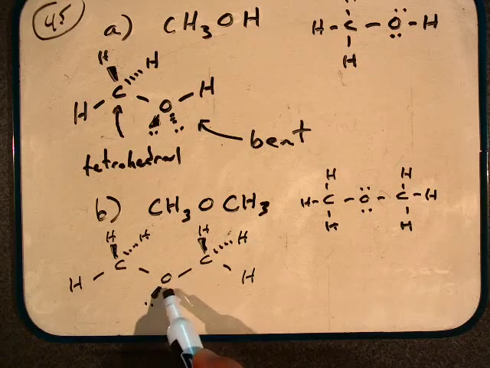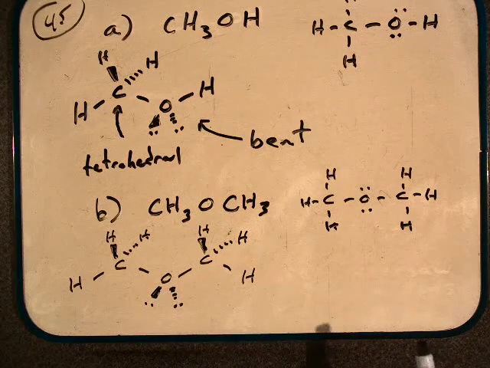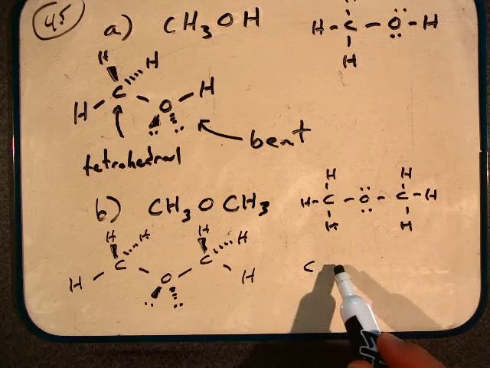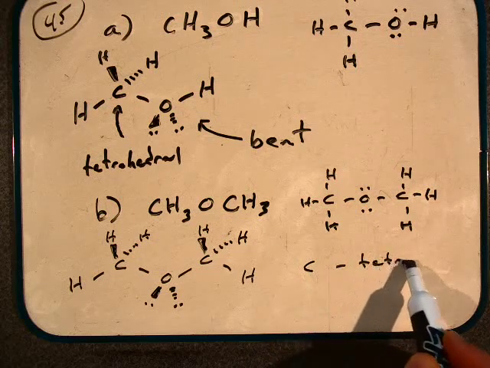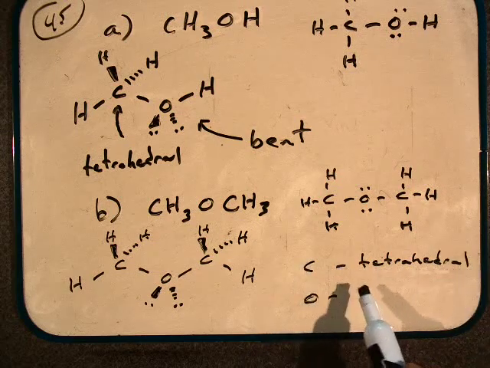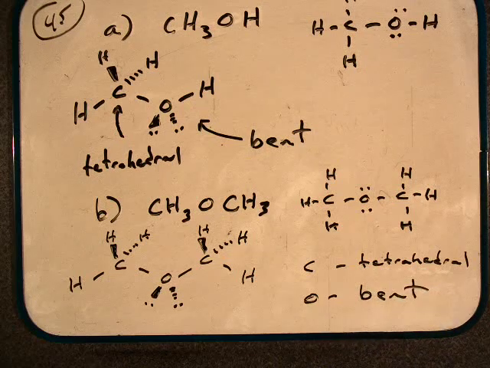And then we have our oxygen with its 2 lone pairs. And so our carbon and our oxygen are tetrahedral electronically, but if we look at their molecular naming, we have the same thing as part A, in that the carbon is tetrahedral and the oxygen is actually bent.